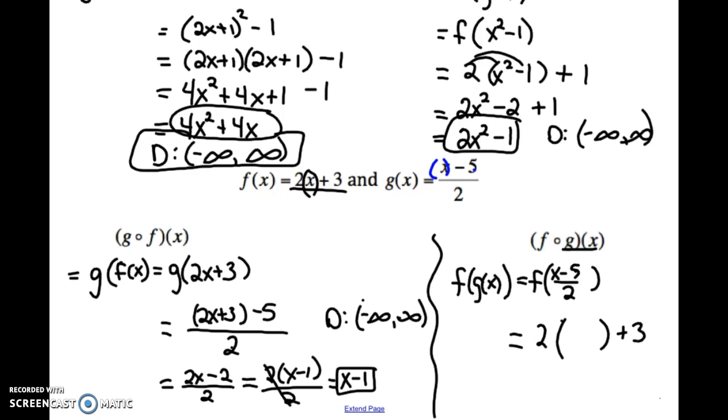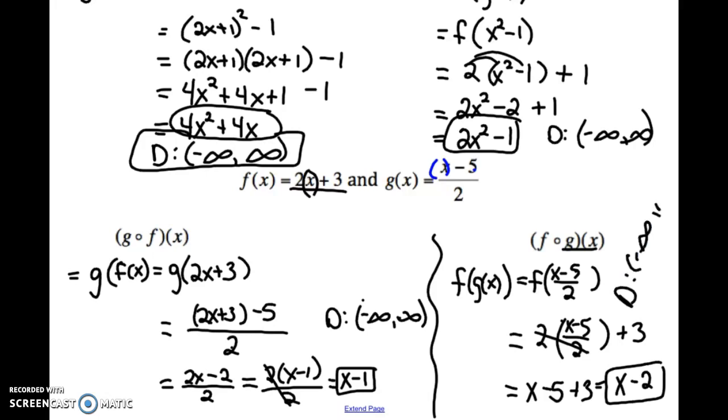And our variable here is the x minus 5 over 2. So we need to multiply, and the 2's will cancel. So we get x minus 5 plus 3. So our final answer is x minus 2. Our domain is all real numbers because we don't have a square root and we don't have a fraction with an x in the bottom.